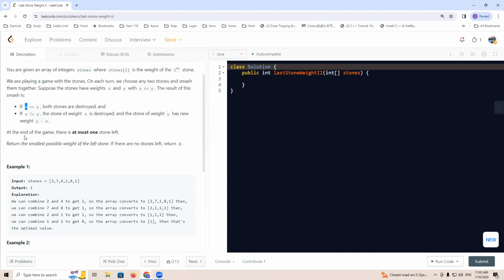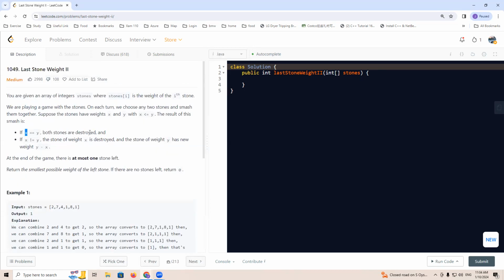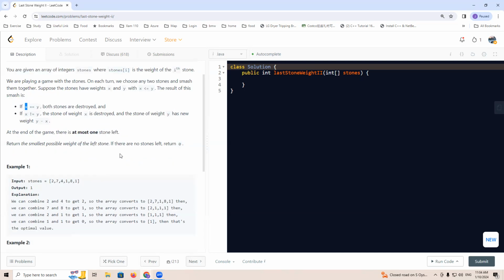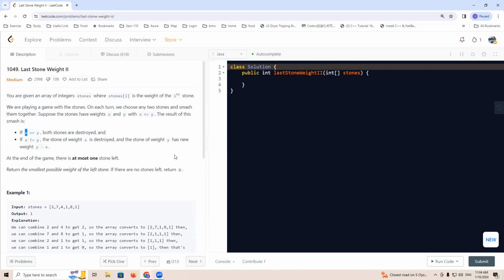At the end of the game, there is at most one stone left, because the stones are merged one by one. We need to return the smallest possible weight of the left stone, and if there is no stone left, return 0.